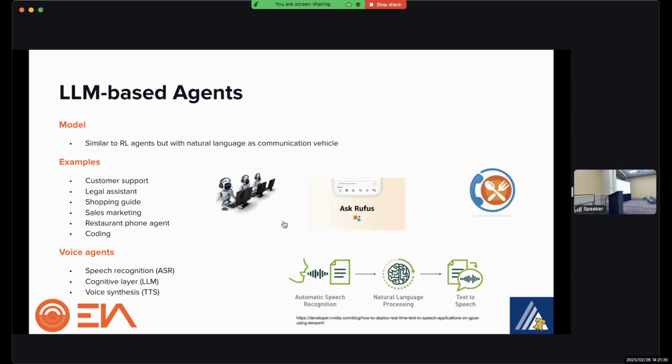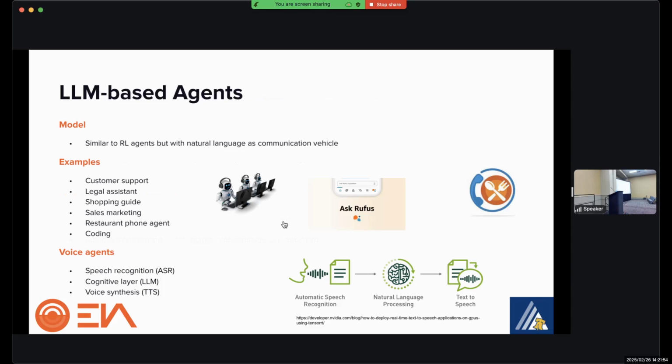We have also heard about large language model-based agents a lot. In terms of modeling, they are actually similar to the reinforcement learning agents that we have already discussed in the previous sections.